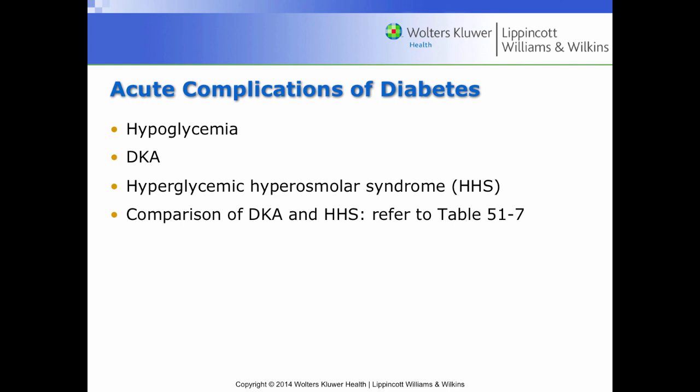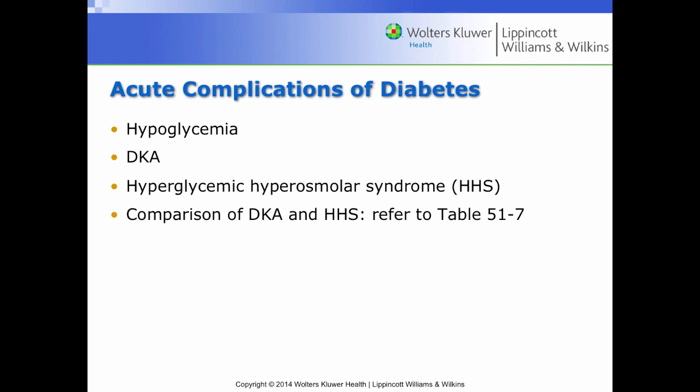DKA, diabetic ketoacidosis, is an acute complication of type 1 diabetes or type 2 diabetics who become insulin dependent, meaning they can't produce their own insulin anymore. Okay? But a DKA we only see with patients who are not producing their own insulin. Thirdly, the hyperglycemic hyperosmolar syndrome, or HHS.